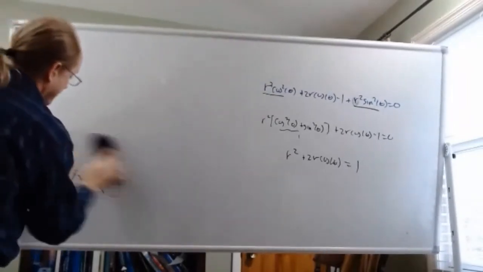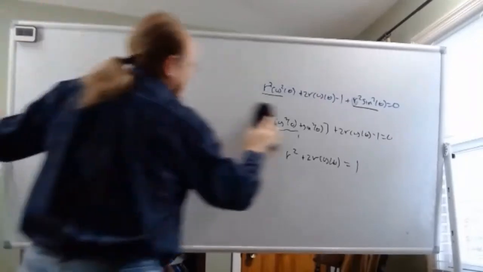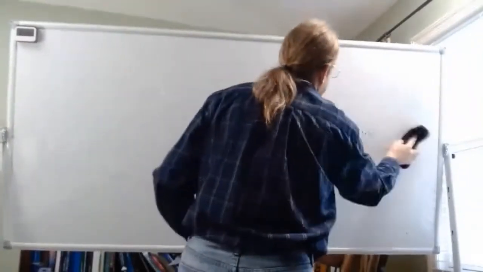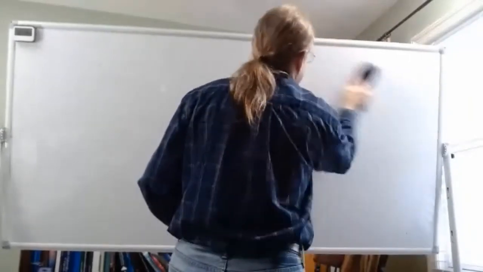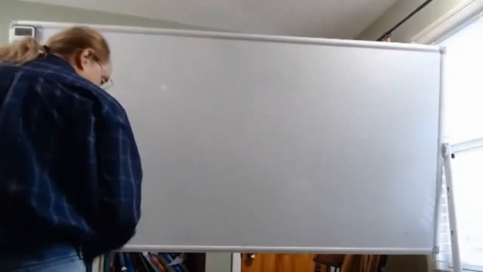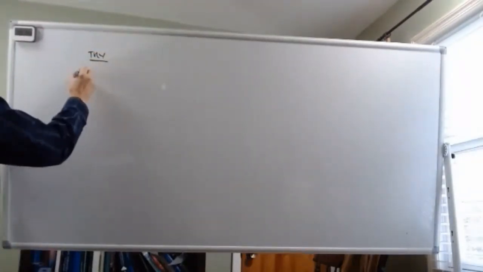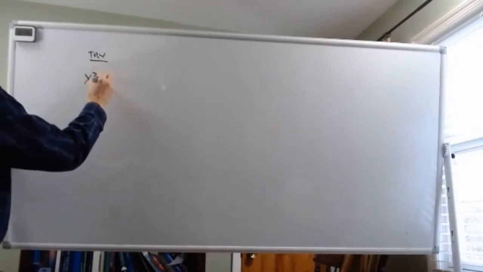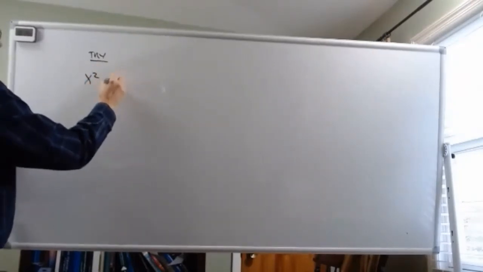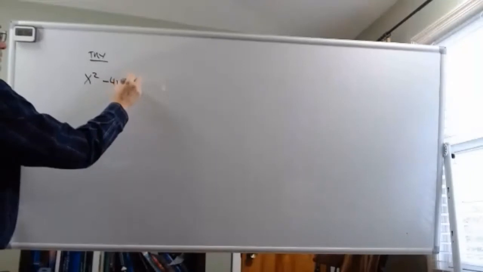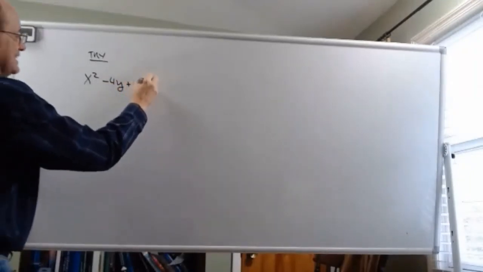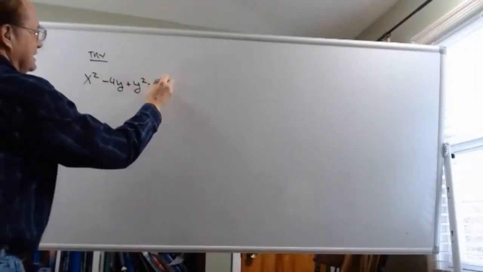Let's try another one. I'll make this one a little bit easier. And then we'll go the other way. So try this. There I have my x squared minus 4y plus y squared is equal to 0.